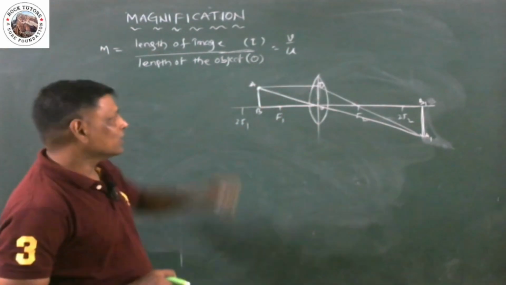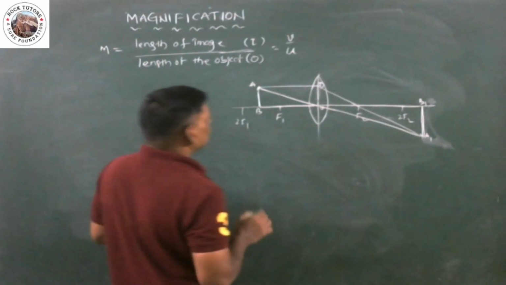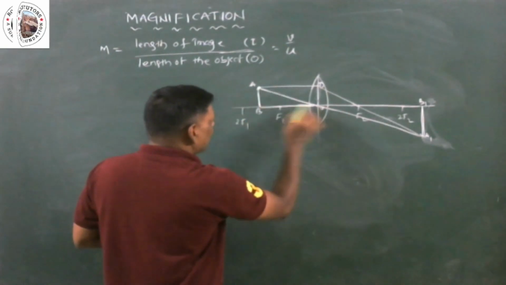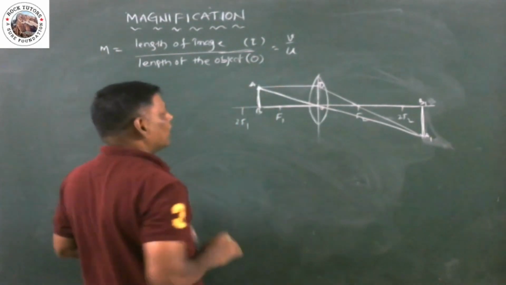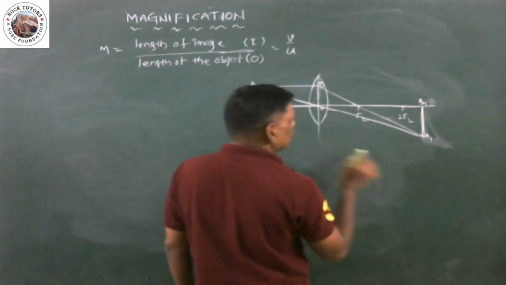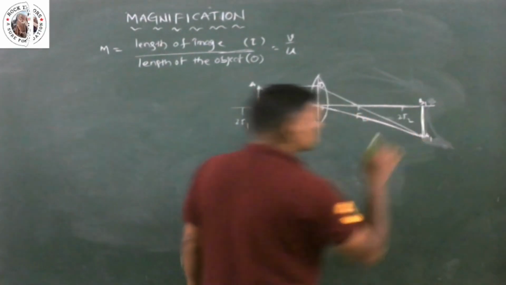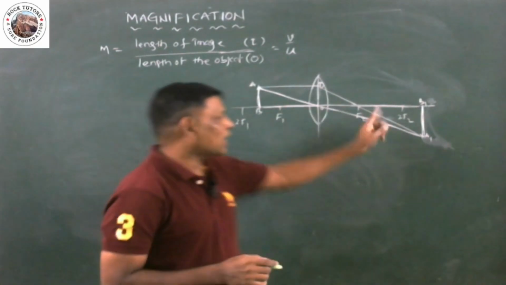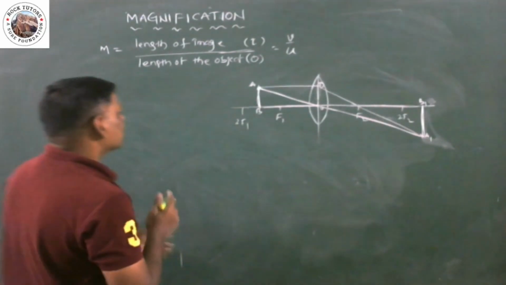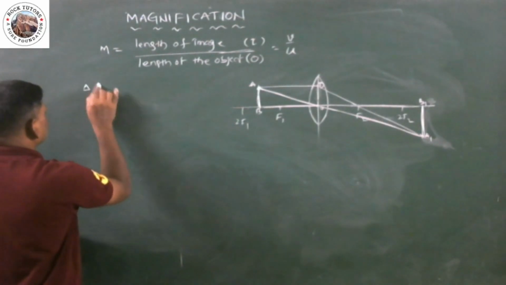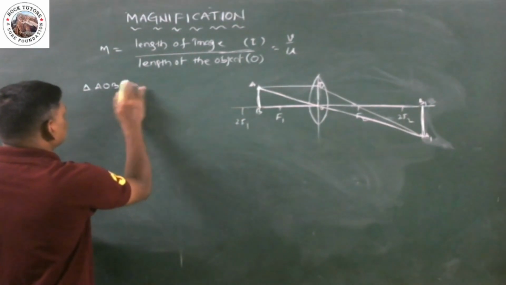Now see here in this diagram, triangle AOB and triangle A1OB1. These two triangles are similar triangles.